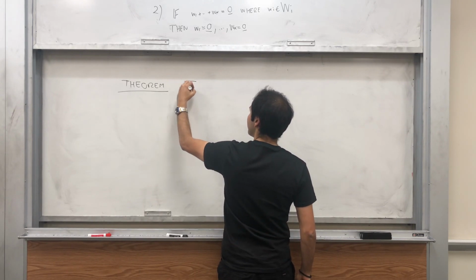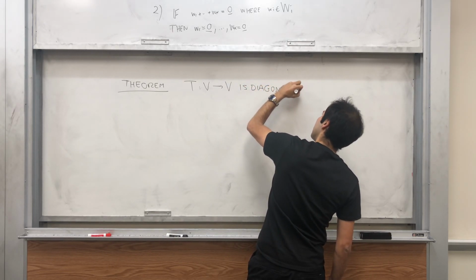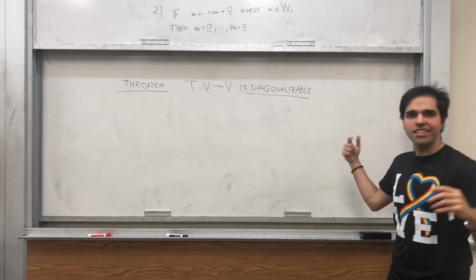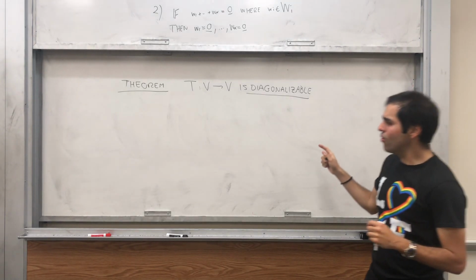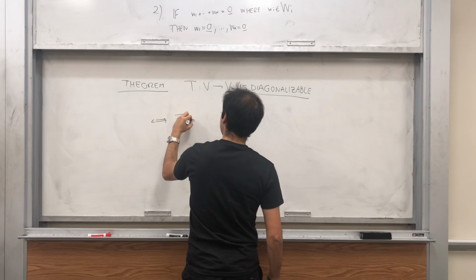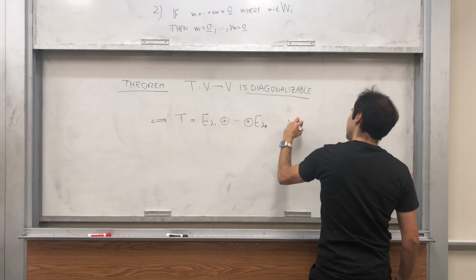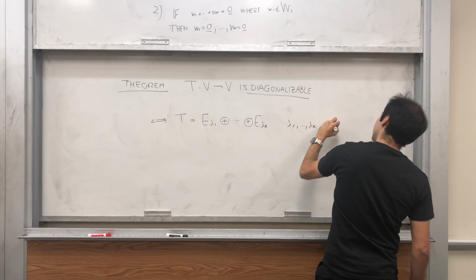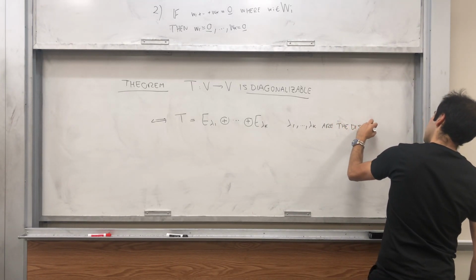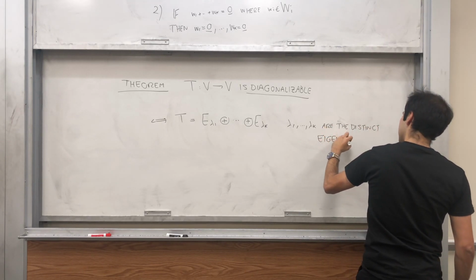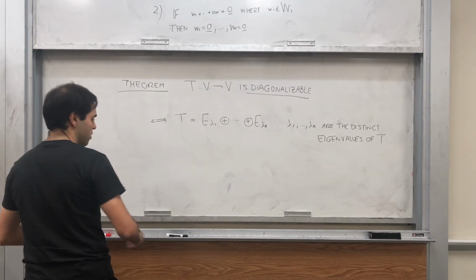Then the theorem: T from V to V is diagonalizable, which means there is a basis of V consisting of eigenvectors of T, if and only if V is the direct sum of its eigenspaces, E_λ1 ⊕ ... ⊕ E_λk, where λ1 up to λk are the distinct eigenvalues of T. And remember what our goal was. Sorry, that shouldn't be T, it should be V.